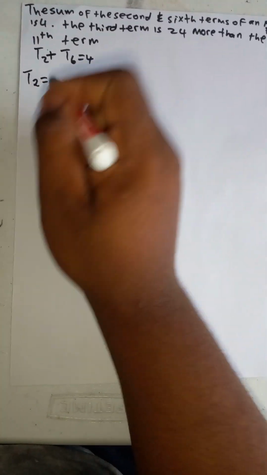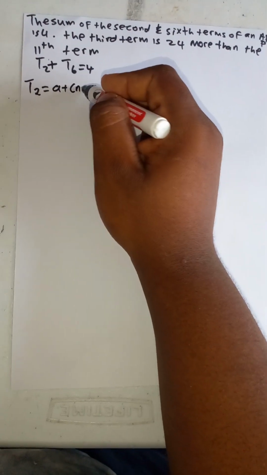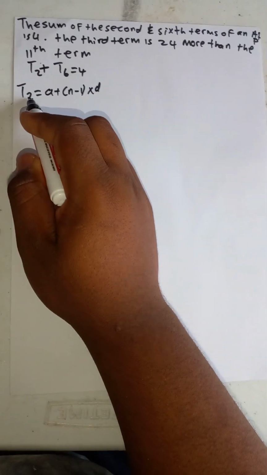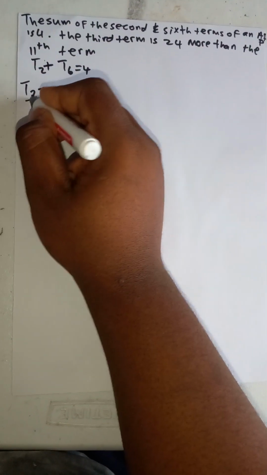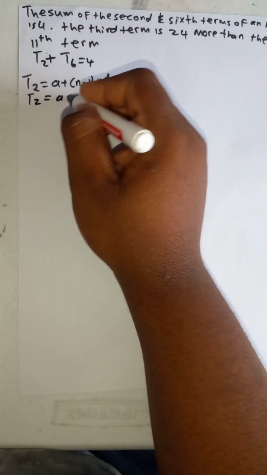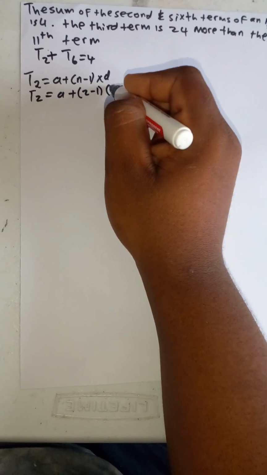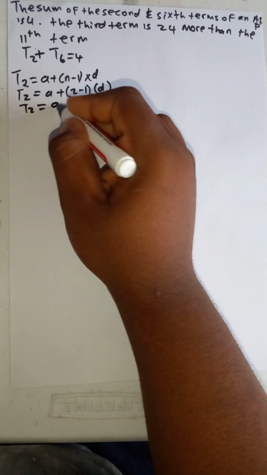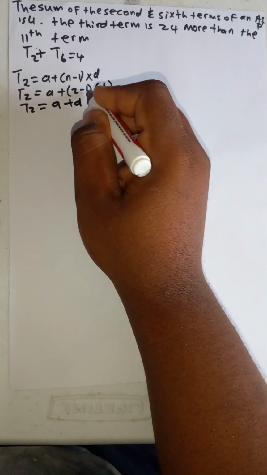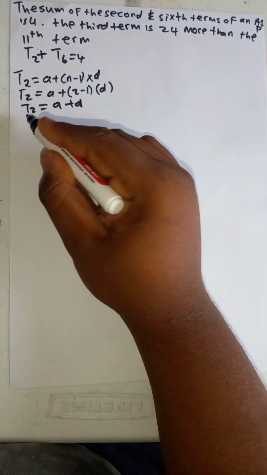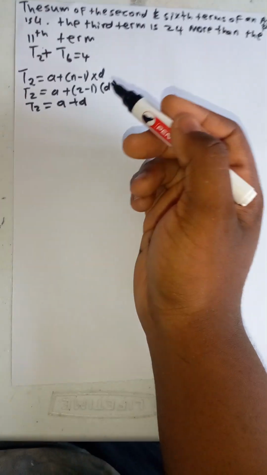T2 equals a plus 2 minus 1 times d. 2 minus 1 is 1, and 1 times d is d. So T2 is equals to a plus d.